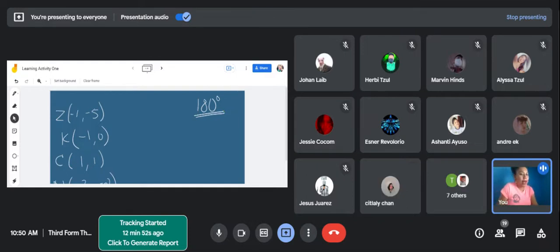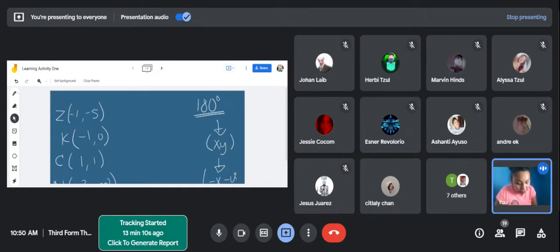So now if we go back and recall what is happening when we have a rotation of 180 degrees, then basically I'm going to have my point (x, y), and I'm going to change this point to (negative x, negative y).